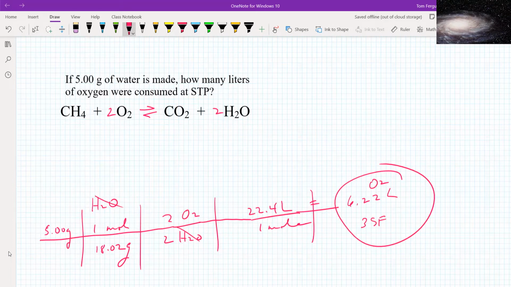So the molar volume for gases is the same for 1 mole of every gas, regardless. We're talking about uranium hexafluoride gas, which is super heavy. It's only 22.4 liters at standard temperature and pressure, versus helium, which is super light.